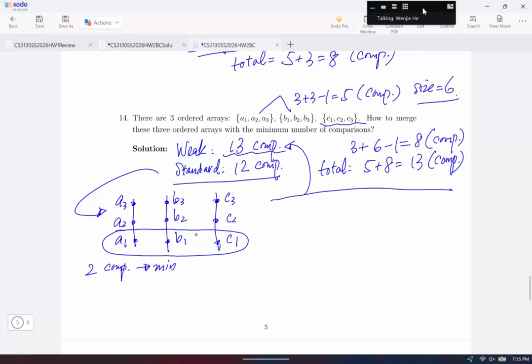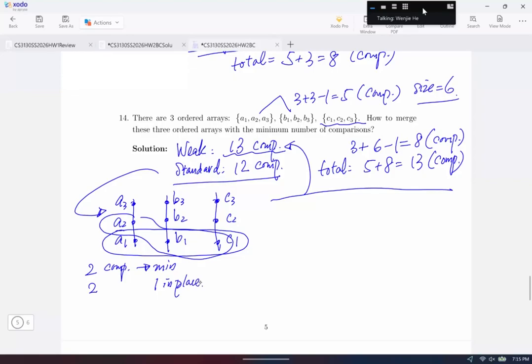Then you have 2 left. Then you put the next one together, another 2 comparisons, right? So if you do it that way, this is very rough. Every time 2 comparisons, you put 1 element in place.